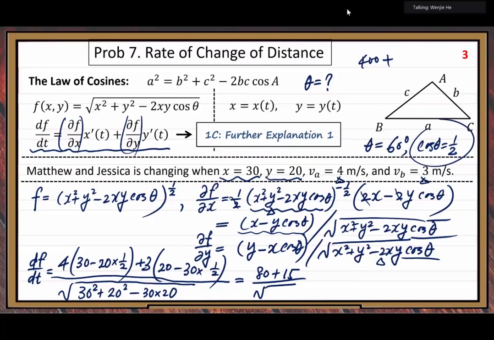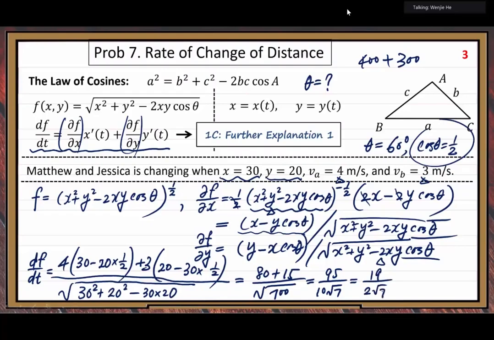So 10 times 30, that's 300. 700. Here, 700. Okay, so 95 over 10 times root 7. Also 19 over 2 times root 7.